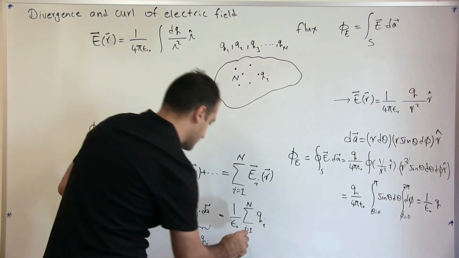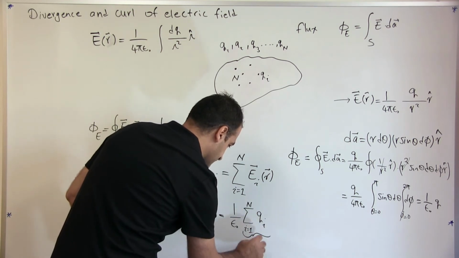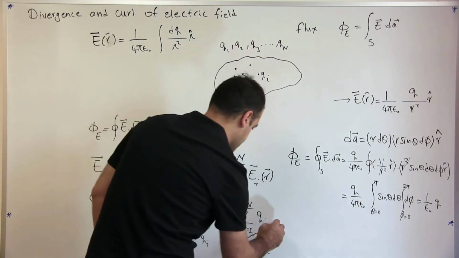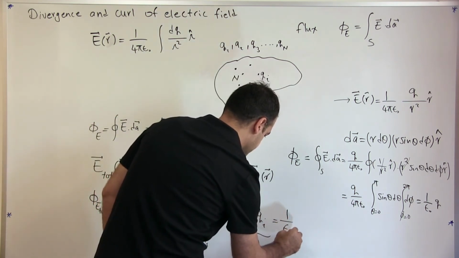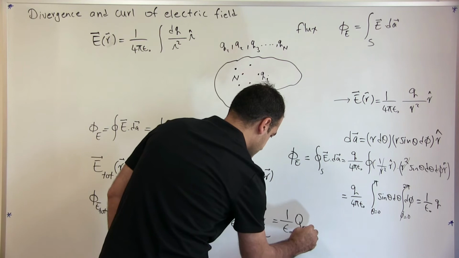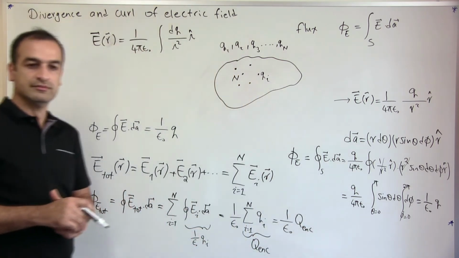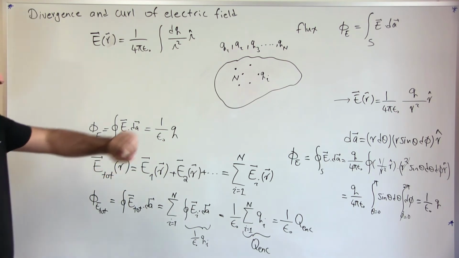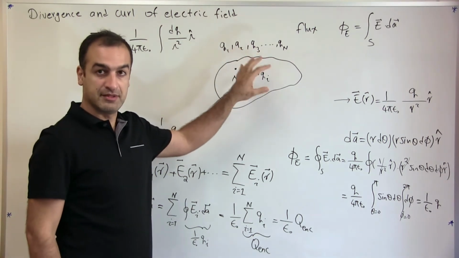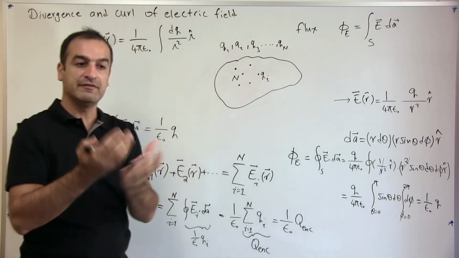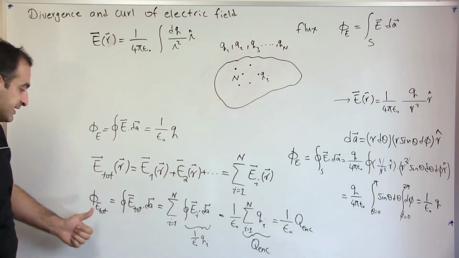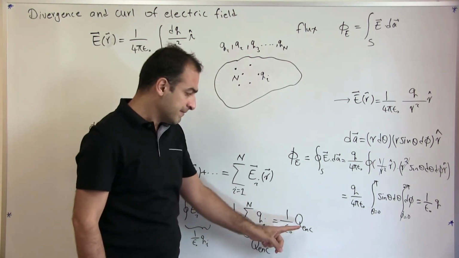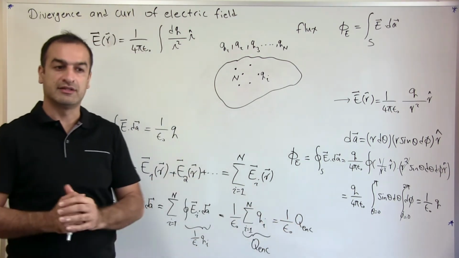Another notation for this is the enclosed charge, Q enc. So that is 1 over epsilon 0 Q enclosed. If we have any random charge distribution confined within that surface, the total flux on the surface is going to be equal to 1 over epsilon 0 Q enclosed, the total charge inside.